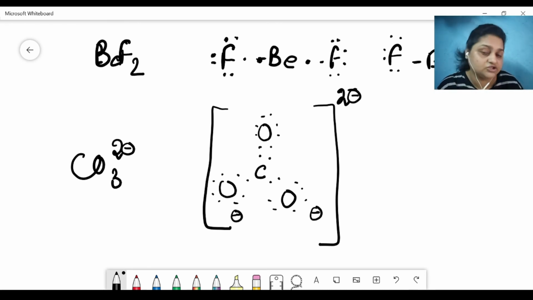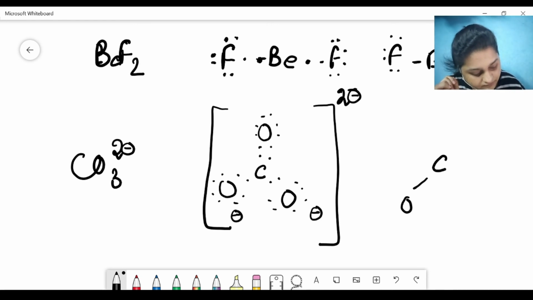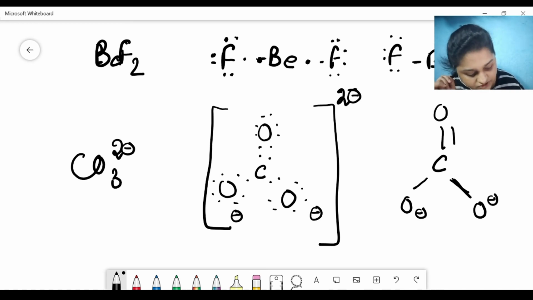This entire structure of carbonate is in accordance with the Lewis structure.